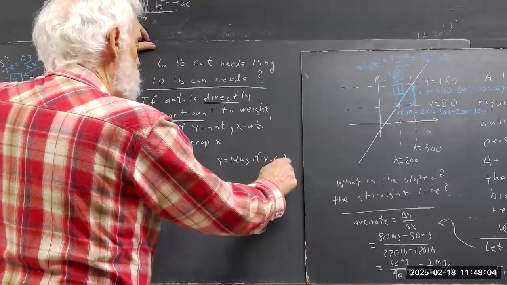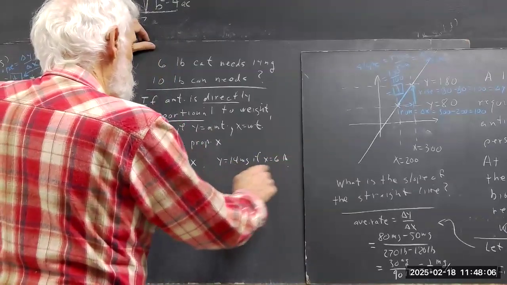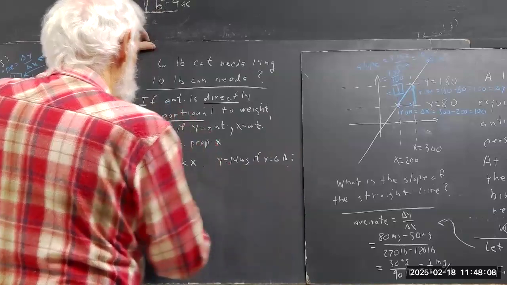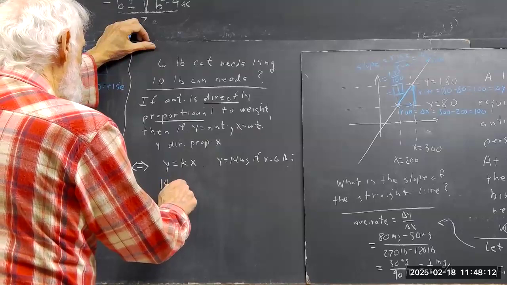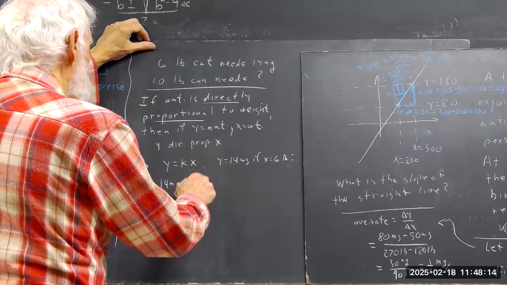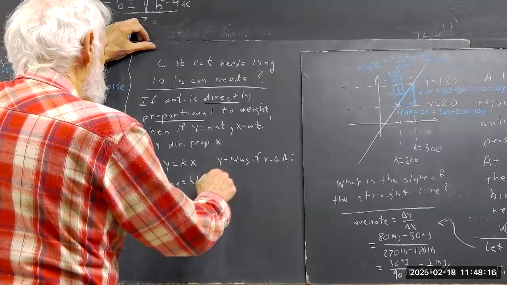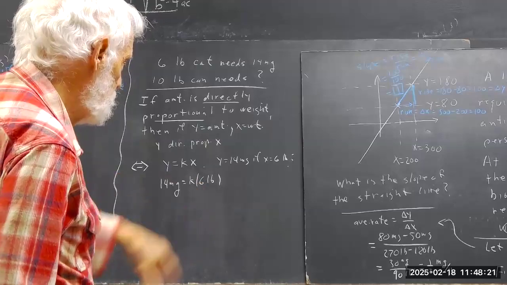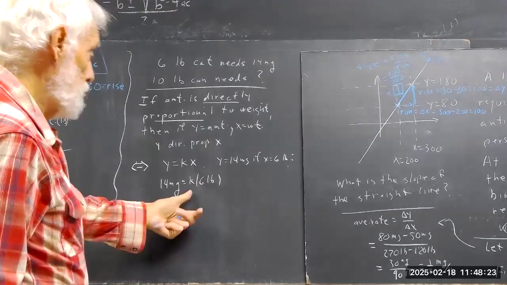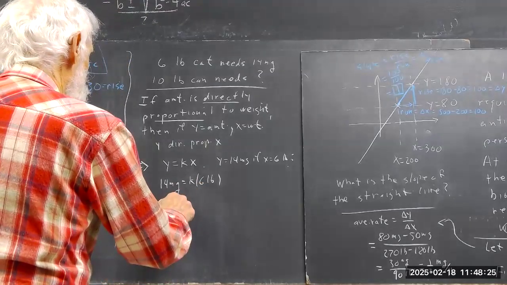If y is 14 milligrams and x equals 6 pounds, then 14 milligrams is k times 6 pounds, and we can easily solve that for k.